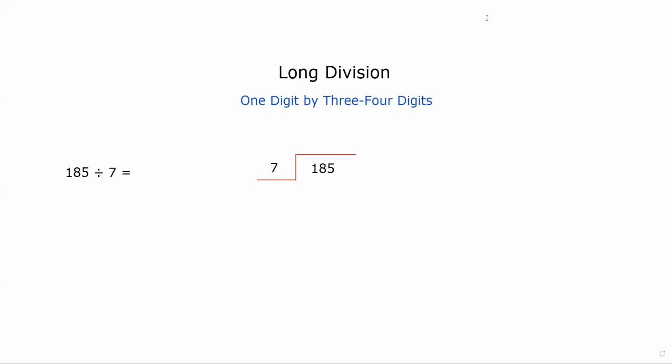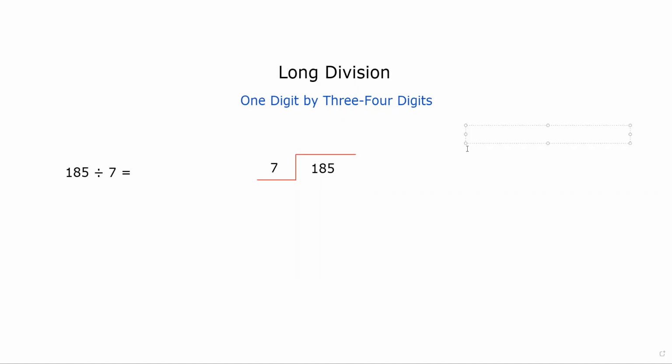So for this example, as you can see, we have 185 divided by 7. Now we're going to do the same steps. Either you know the multiplication table, or I'm just going to write it for you to make it easier for those who don't know it.